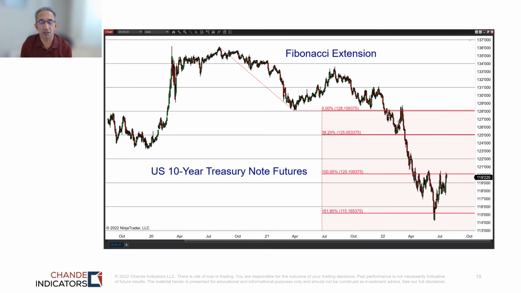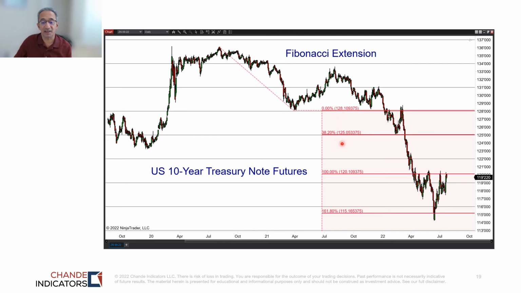So this is a chart of the US Treasury 10-year note futures, just to show you how it might work on a different instrument. And once again, we have a range extension. I've picked two key turning points which seem pretty obvious on the chart. We had a big move going into this high and a very strong rebound off this low, so it's natural to look at these.